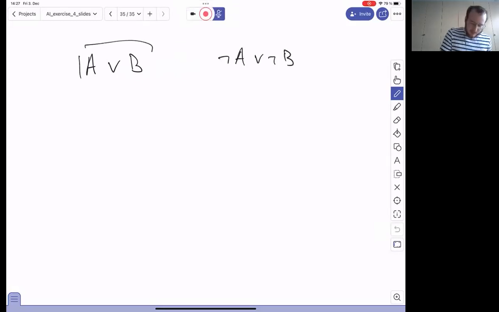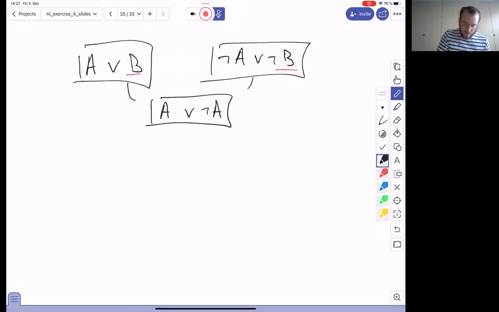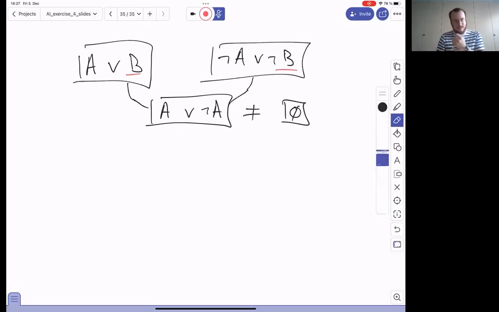right? And what we said in the lecture is that you can use the resolution rule only once. So for example, if you use the resolution rule here, you're not allowed to cancel both variables at the same time. It's either A or B that you can cancel. If I cancel B here, then I end up with A or not A. And this would not be the same as just the empty clause, where I cancel both A and B at the same time.